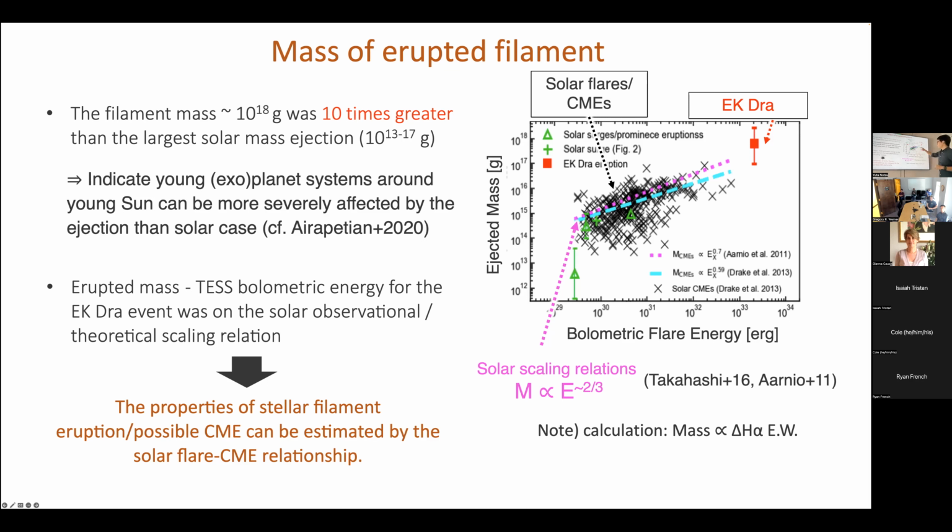And also, roughly speaking, now we have to investigate more and more events, but we may extend the scaling to the large energy part. Of course, we need more stellar events.